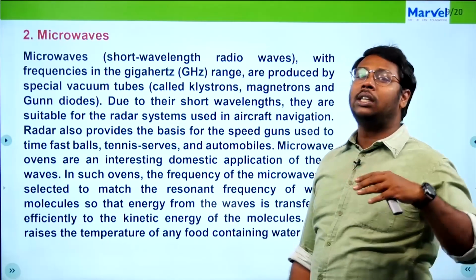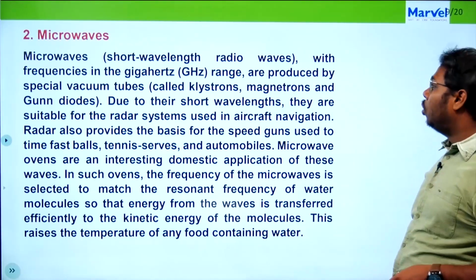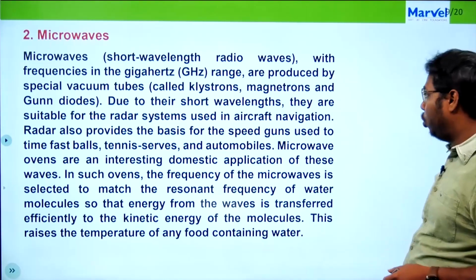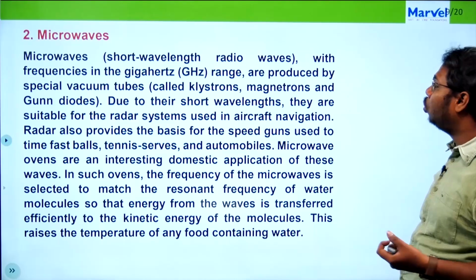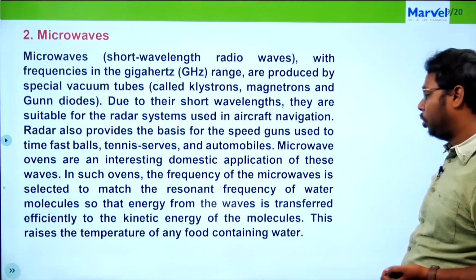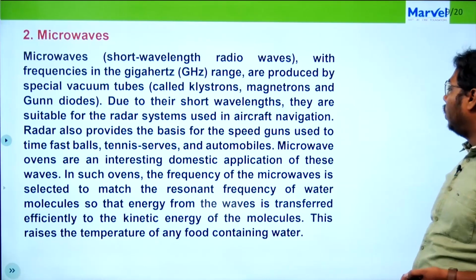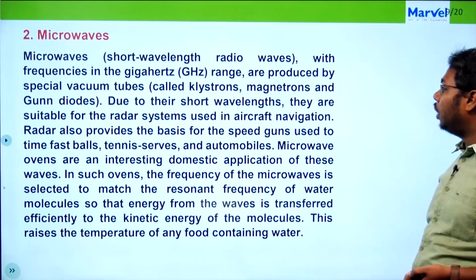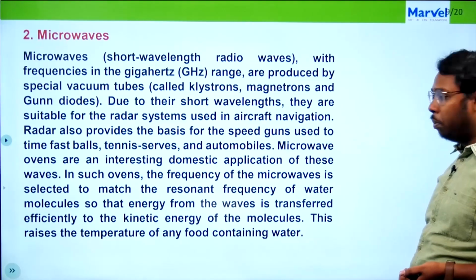The frequency is a bit higher than the radio waves. They are produced by special vacuum tubes. Due to their short wavelengths, they are suitable for the radar system used in aircraft navigation. Radar also provides the basis for the speed guns used to time fastballs, tennis serves and automobiles.